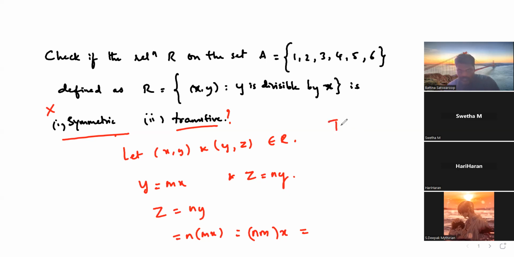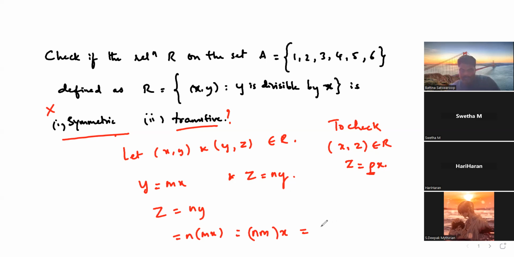I want to check whether (x, z) belongs to R or not. That means I have to show that z equals some multiple of x, let us say px. So this nm is nothing but pm, some multiple.